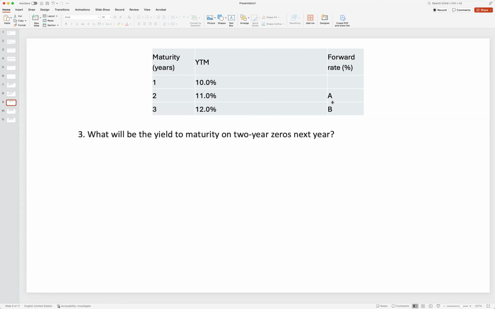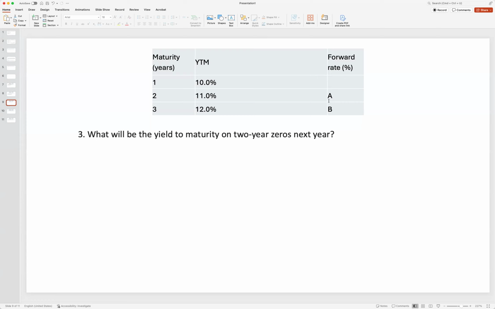Now, we know the expected return we're going to invest 1 year from year 2 to year 3, which is A, and from year 3 to the end of year 3, which is B. So based on the law of one price or no arbitrage, because there's no risk, the yield to maturity of this 2 year zero should be exactly identical to investing in a 1 year bond, then rolling it over at the end of year 2 through year 3.